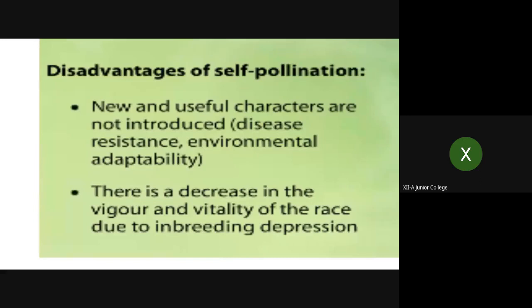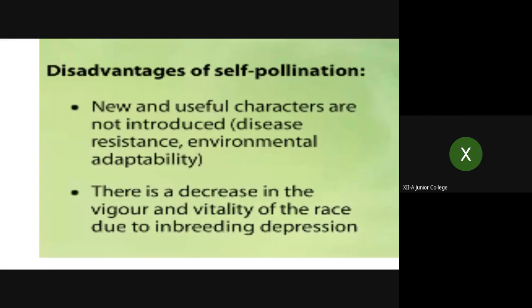If there are changes in the environment, for example, flood, drought, or any stress factor related to mineral nutrients, self-pollination doesn't adapt to these changes. It does not have the capability to adapt to those changes, and that is considered a major disadvantage of self-pollination.